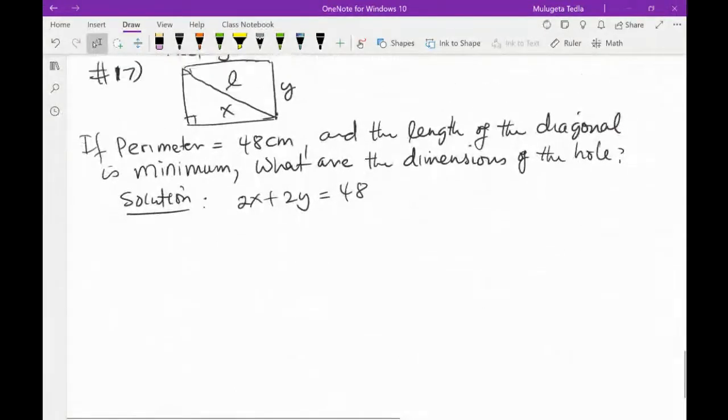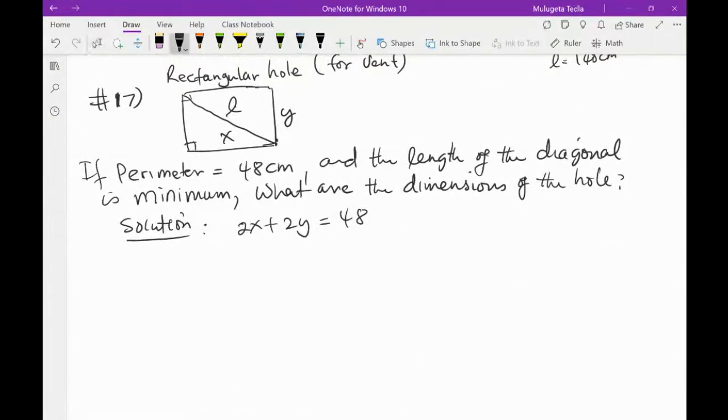They talk about diagonal. And we know by Pythagorean theorem, the diagonal squared is x squared plus y squared. So now we have to minimize this function. The diagonal is L, not D.